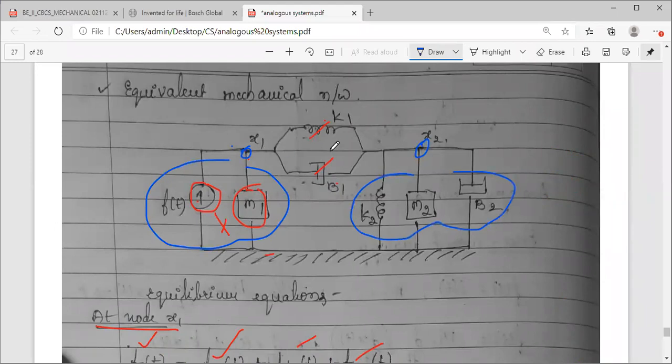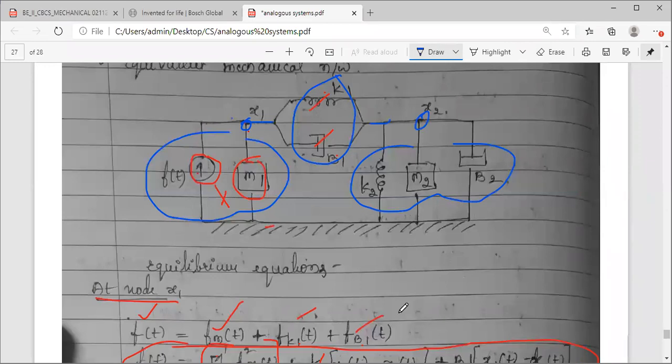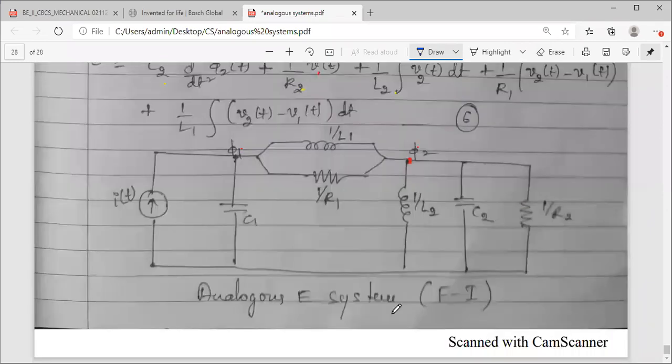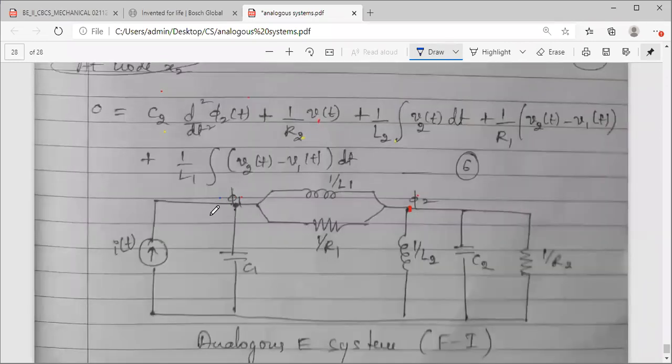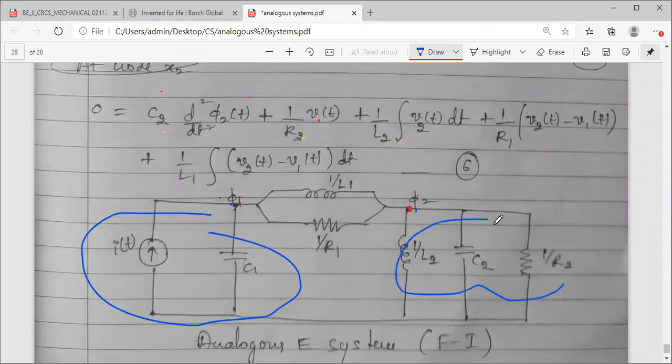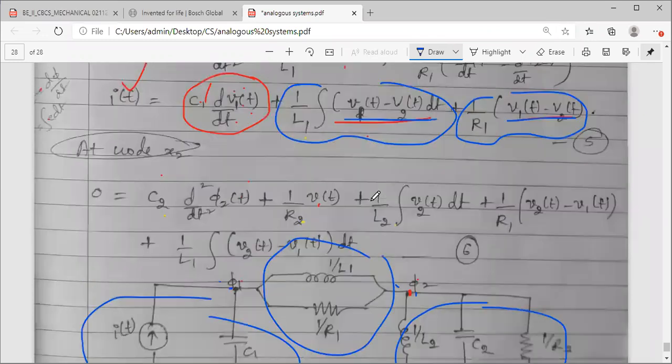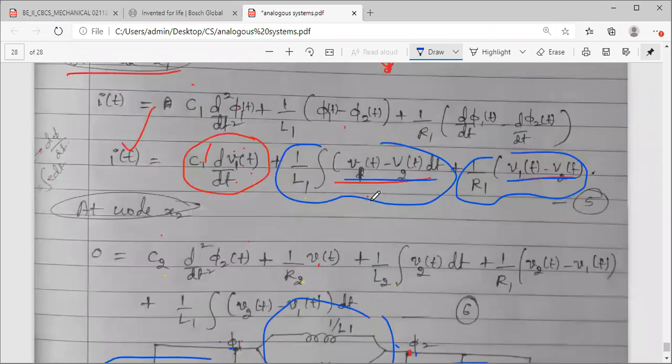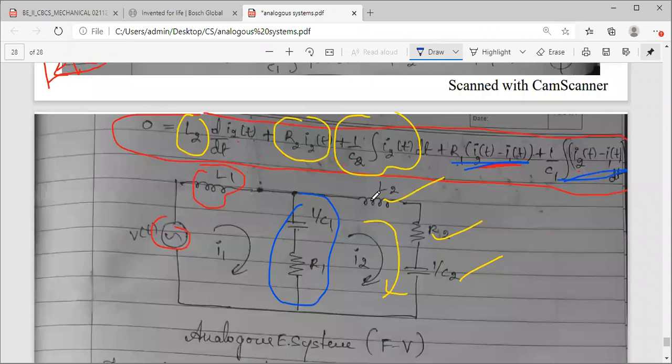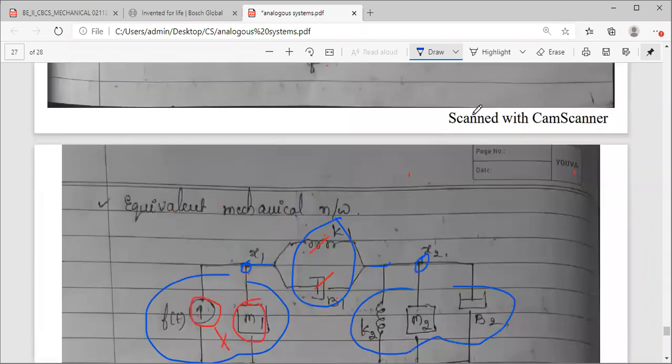Second node को 3 elements parallel हैं. And in between दो shared elements हैं. Go for force current analogy. First node को दो elements parallel हैं. Second node को 3 elements, they are connected in parallel. In between there are 2 elements. So directly you can draw the force current analogy from your equivalent mechanical network.